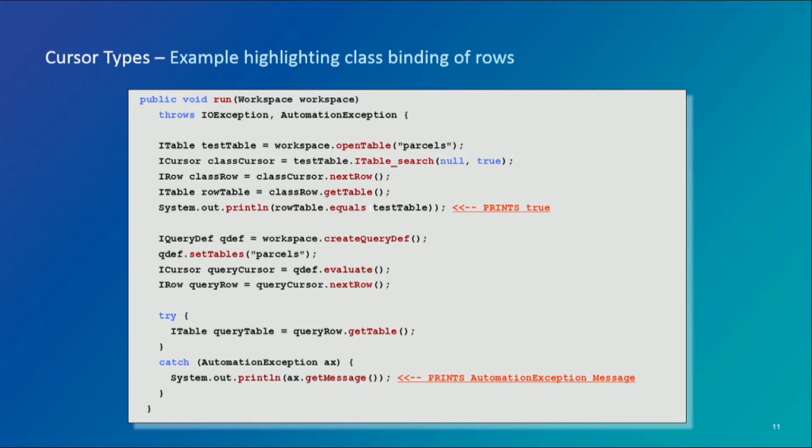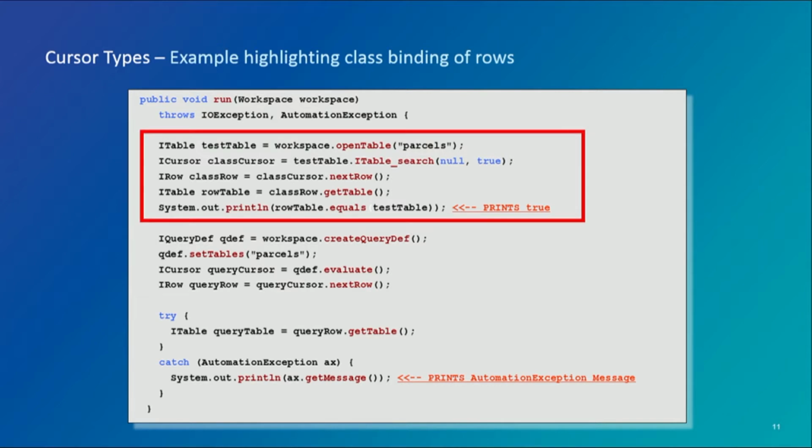And you'll notice that in the comparison of the row's table and the original table, they're equivalent. Right? I got the same reference back from the row as the table from which I got the row. It's basically saying that it's a table-based cursor.